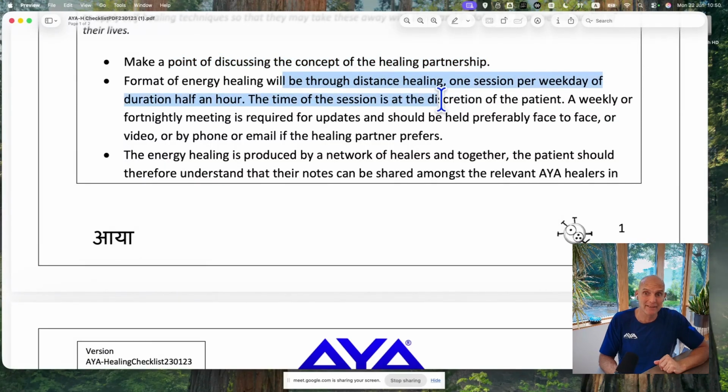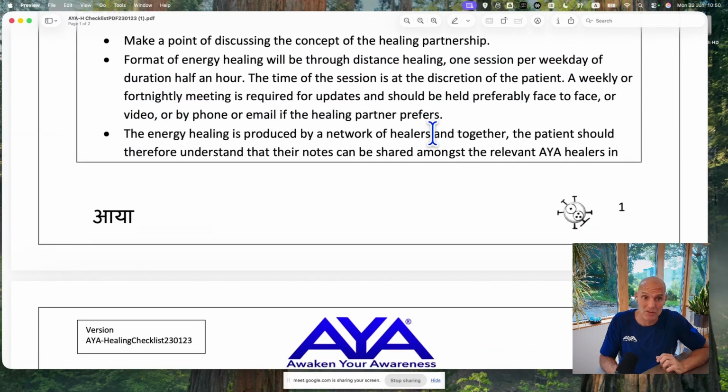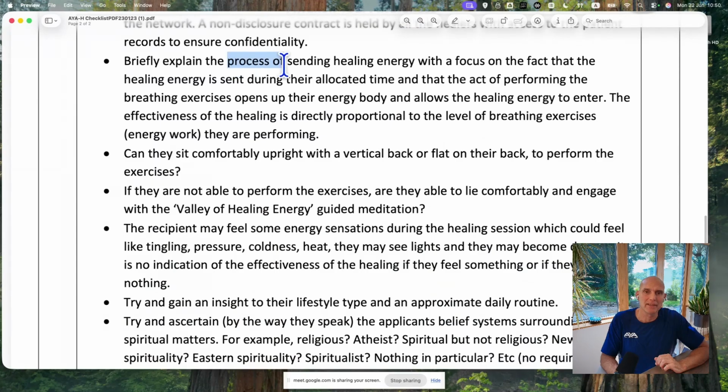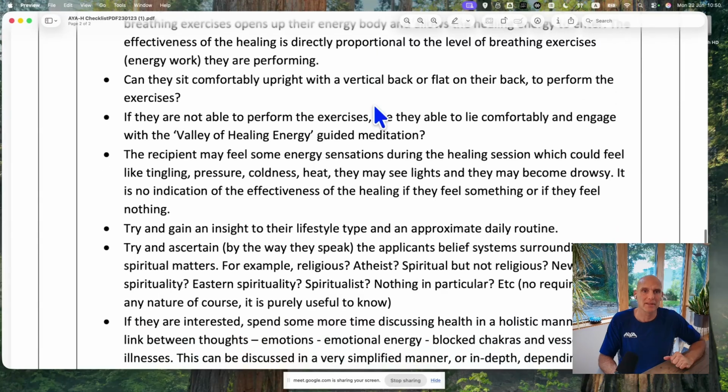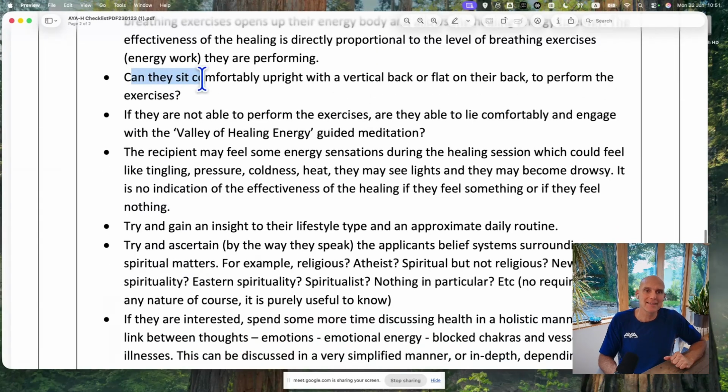Okay, go through the format of the distance healing. Hopefully they've read the welcome pack, but if not, you can explain a little bit more. They might have some questions about it as well. You could explain the process of sending healing energy, basically going through our processes of how we work. Can they sit comfortably upright with a vertical back or flat on their back to perform the exercises?